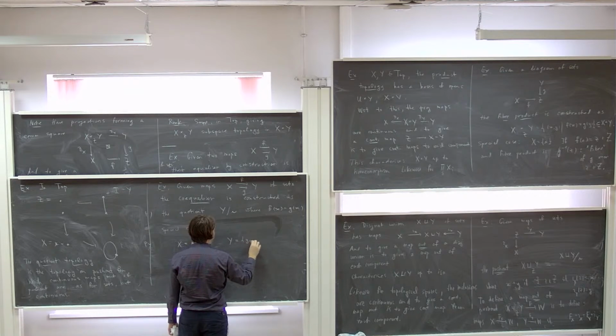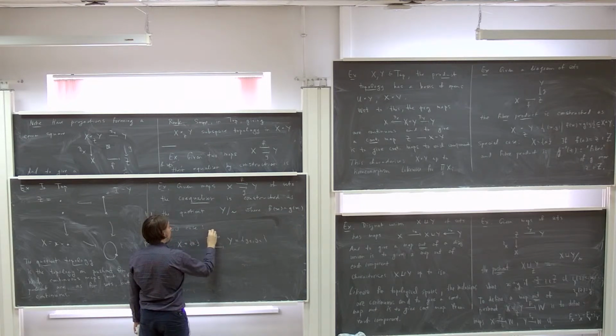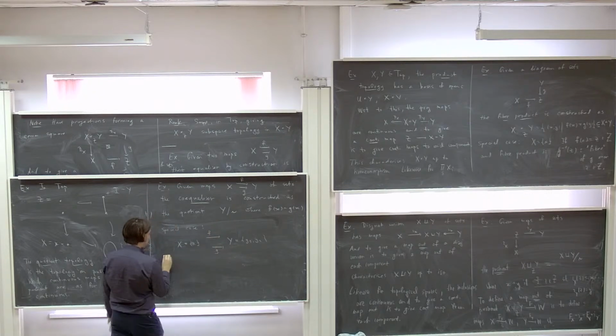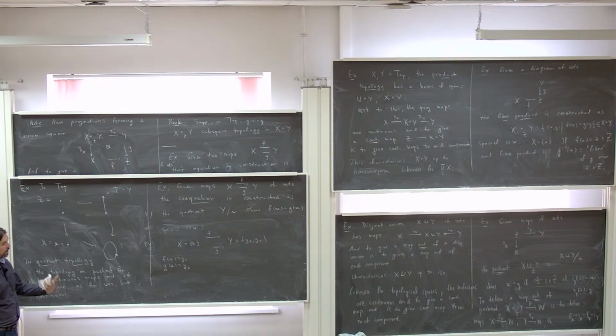Let's call them y1 and y2. And let's call this consists of a single point. And suppose f and g are such that f of x equals y1 and g of x equals y2. Then the equivalence relation is telling me y1 and y2 should become equal.